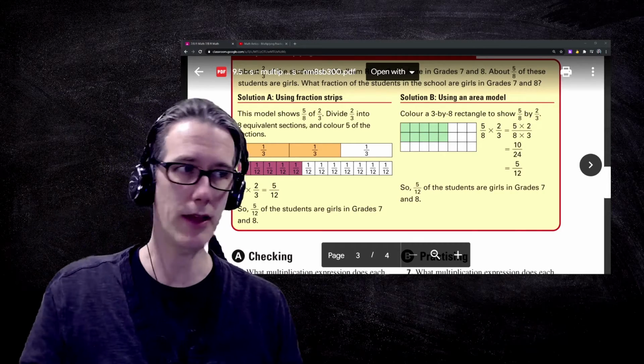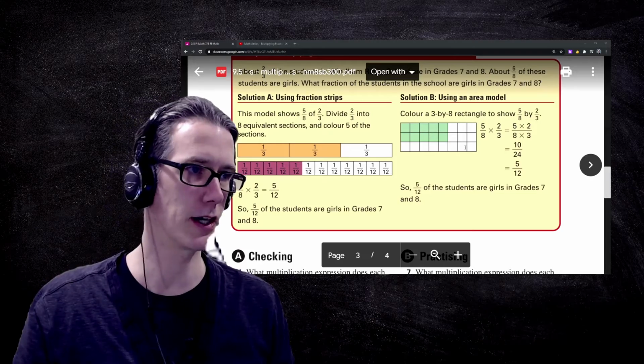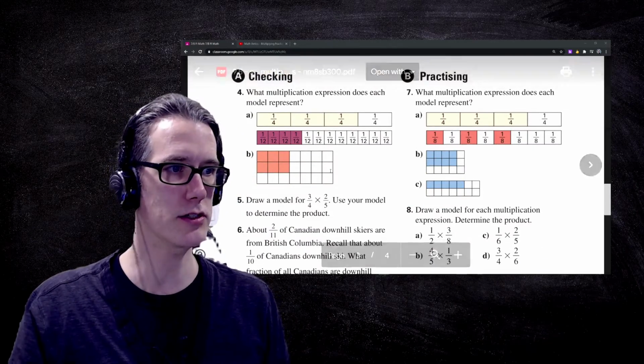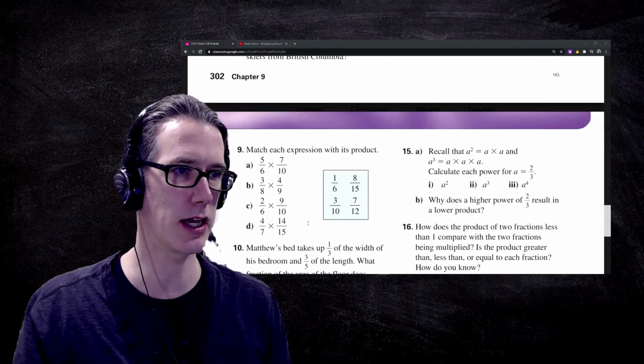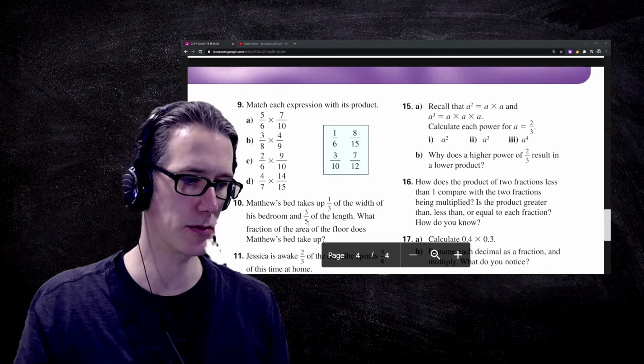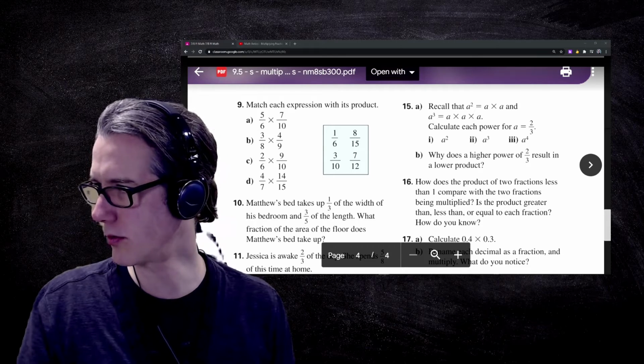Now, if you would rather just do the multiplying across thing, that's totally fine too. When you're doing fractions with multiplication, you can just take your product and multiply across. So I'm going to see if the document camera is working and walk you through that one more time. It does not appear to be working. Activate?